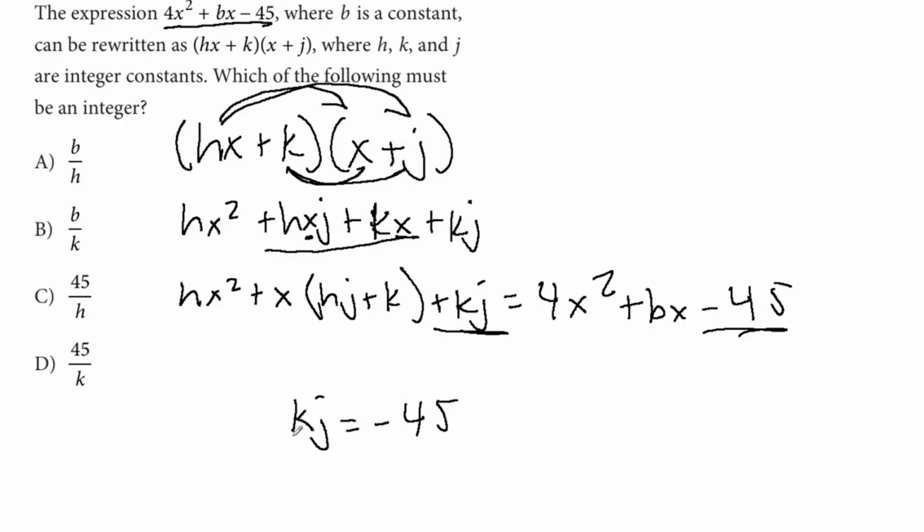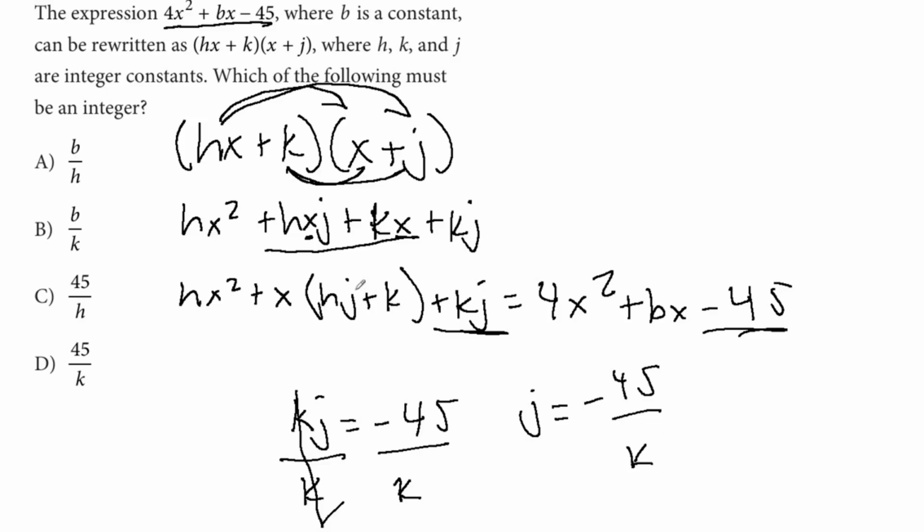Now, I have a k here, I have a 45 here, so I could work with that. So I'm going to take that k and divide it to both sides. And what it's going to leave me with is j equals negative 45 over k.